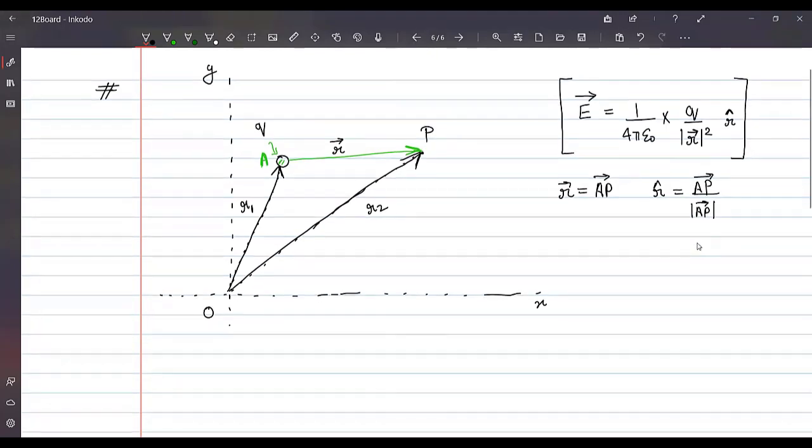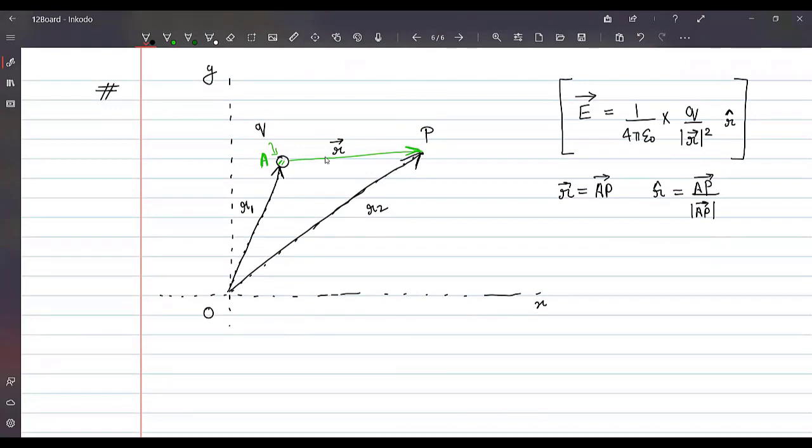And we'll use a little bit more of vector quantities. From vectors, you know that OA vector plus AP vector equals OP vector. See, vectors are like displacement. If you want to go from O to P, you can go directly, and you write it as OP vector.